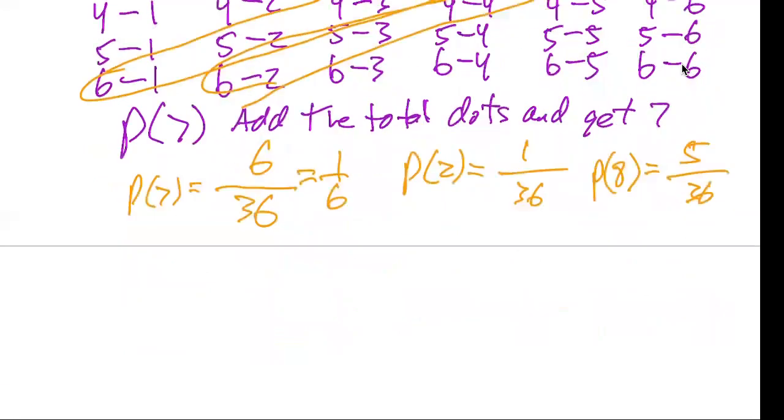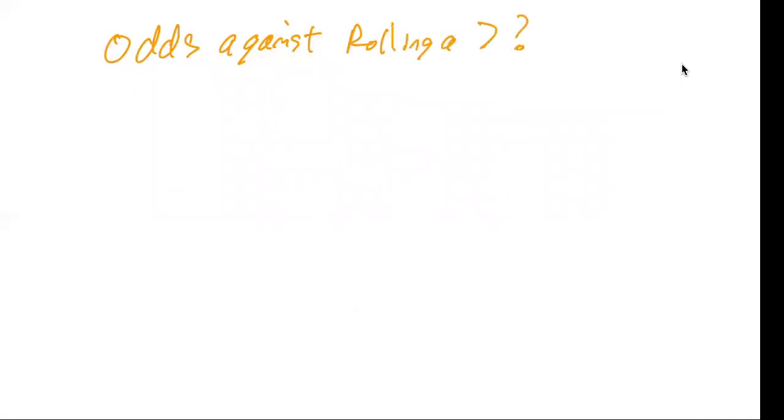Now, should have cut and pasted that while I had it. What are the odds, let's see, we're doing odds against rolling a 7. Well, I know the probability of a 7 is 1 out of 6.